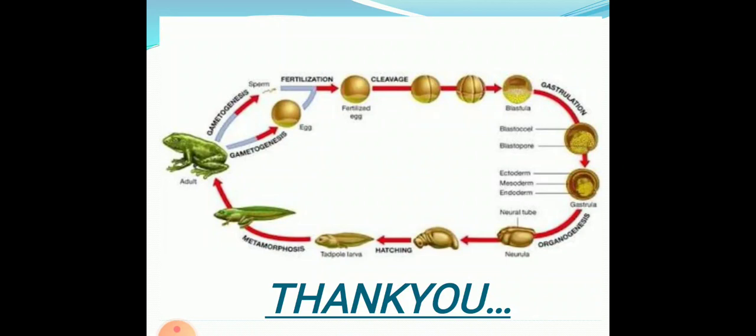So this is the cycle which shows the development of frog from egg to an adult. First you see the sperm and the egg, and the fertilization is external.